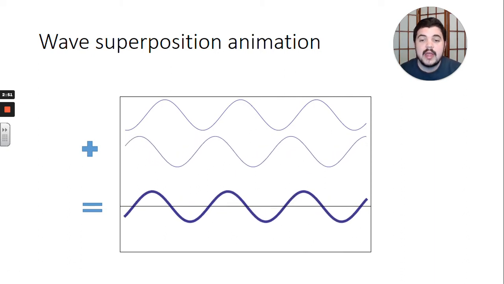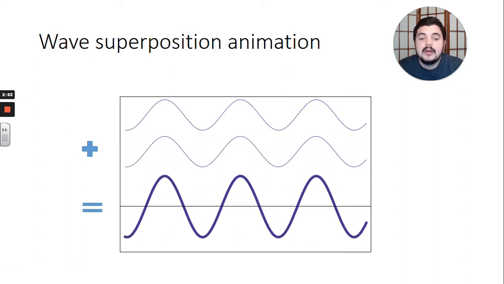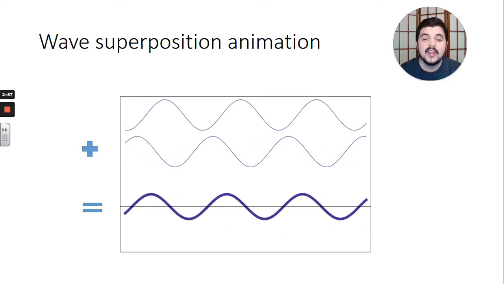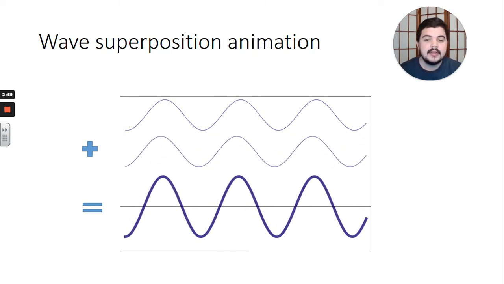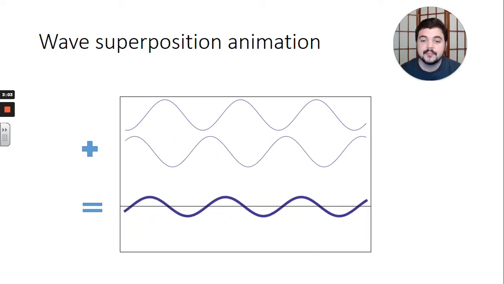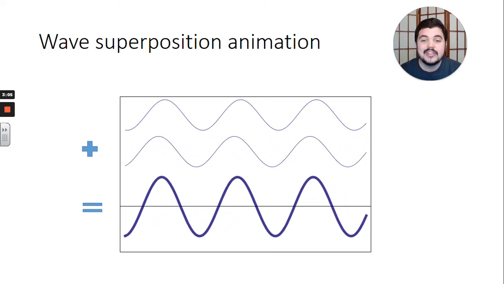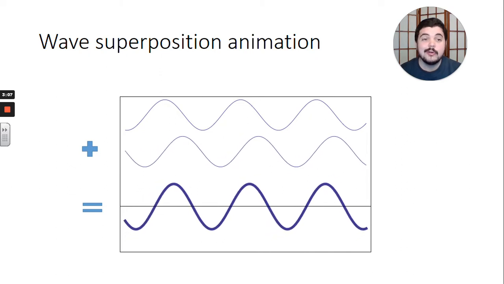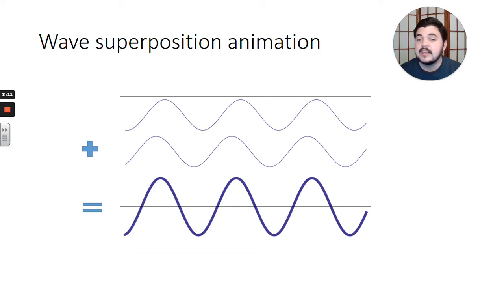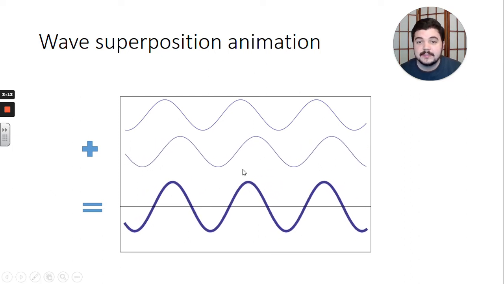We see that when the waves are in phase, we get a bright big wave in the end. When they're out of phase, we get darkness. Then when they're somewhere in between, the sum is somewhere in between 0 and max. So that's adding waves in general. You can get anywhere from 0 to twice the amplitude depending on the relative phase of your two waves.